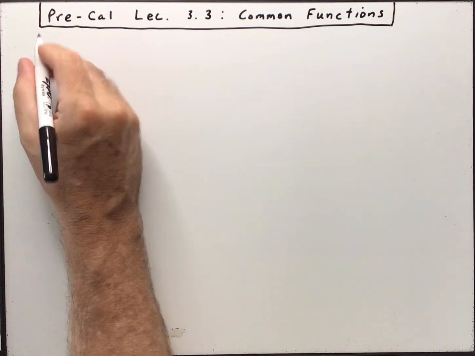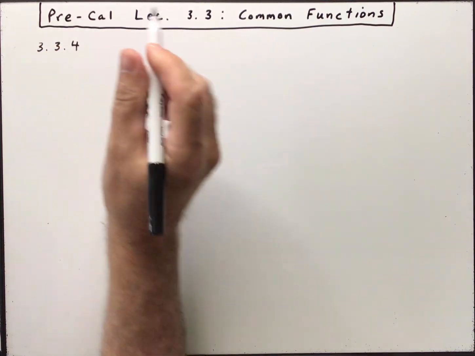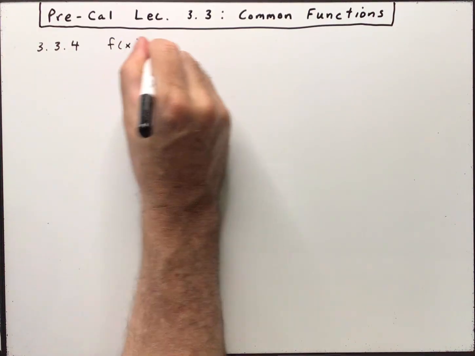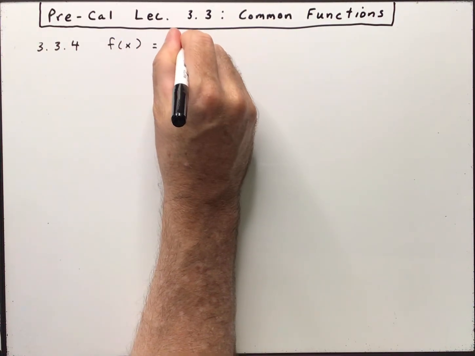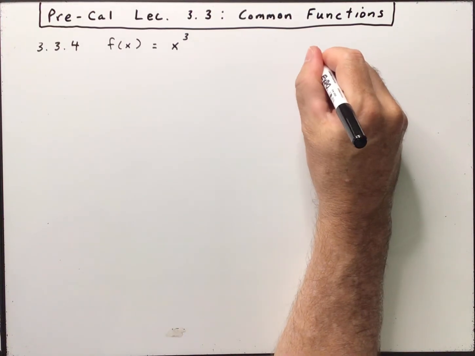Okay, 3.3.4 is f of x equals x cubed. All right, let's make a little table.